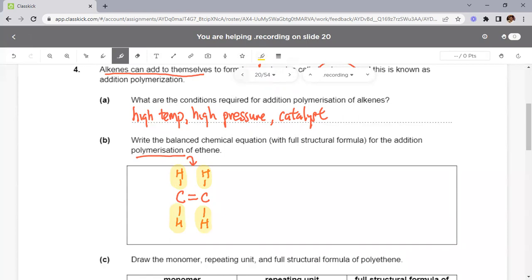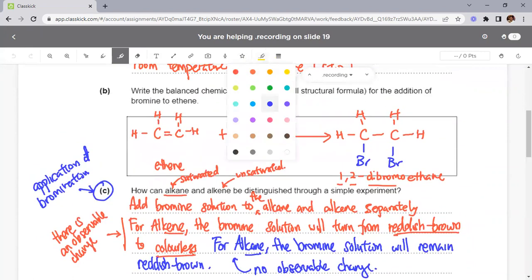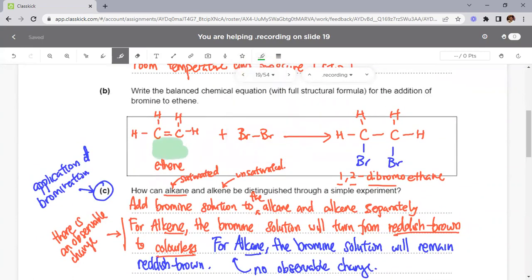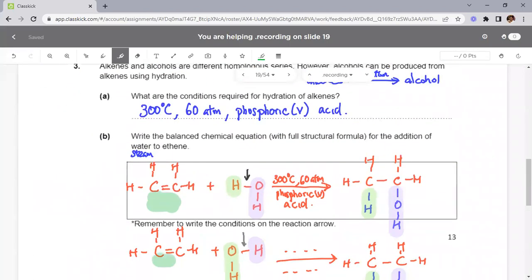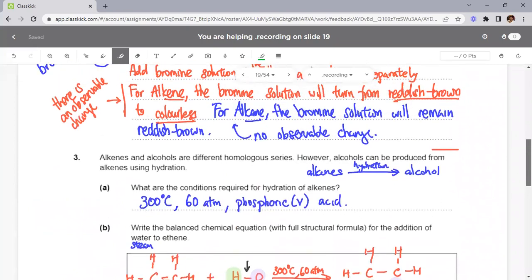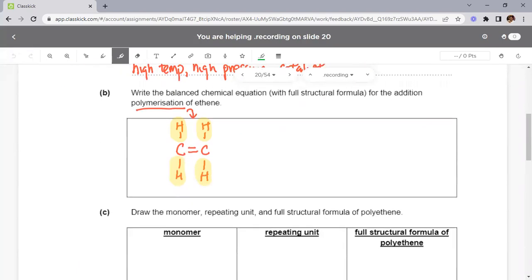So if you look at all the previous examples, I purposely left the space below empty for all the addition reactions thus far. But for polymerization, I purposely left the sides empty. Why is it so? You'll see it later.